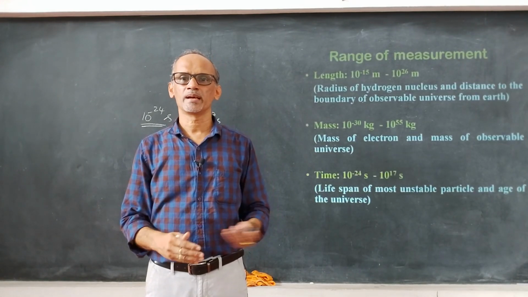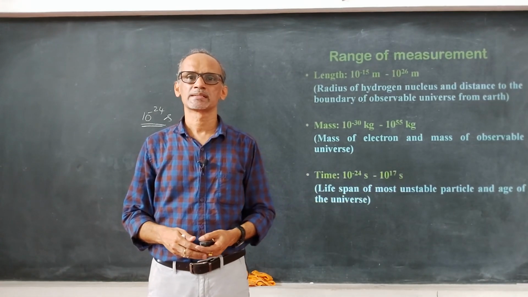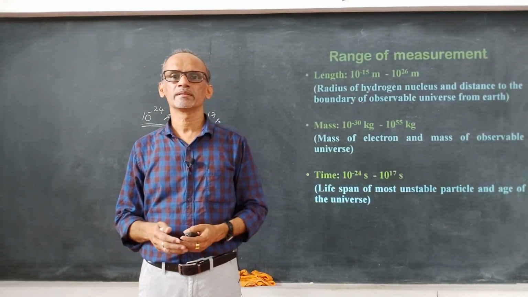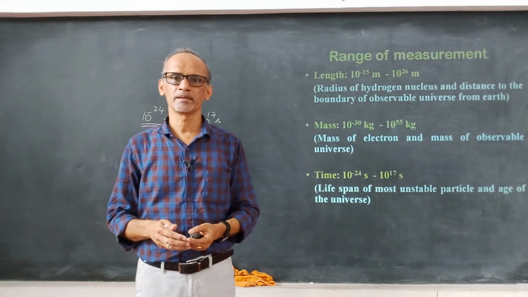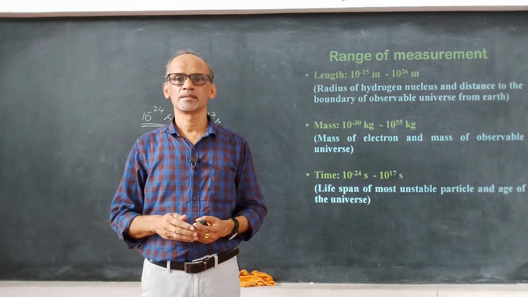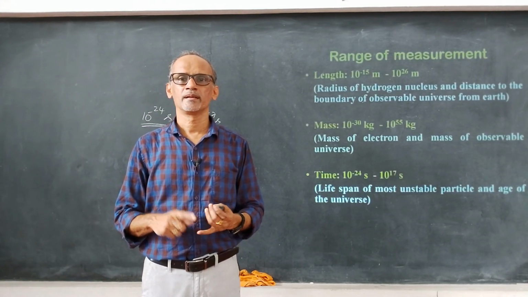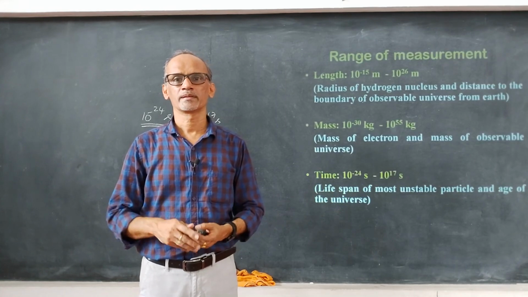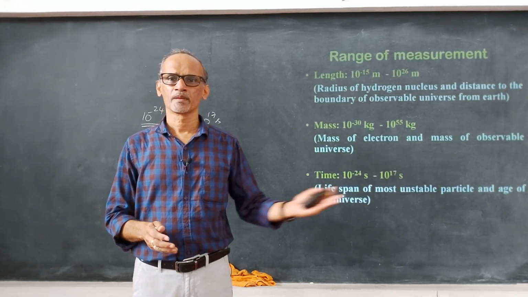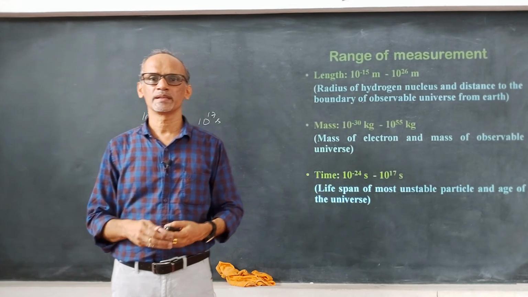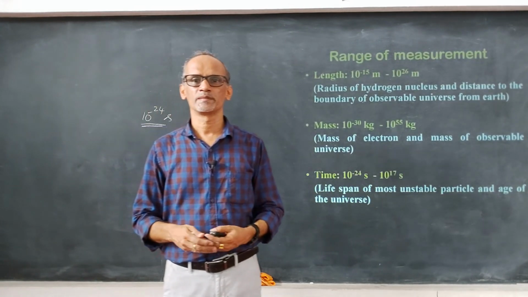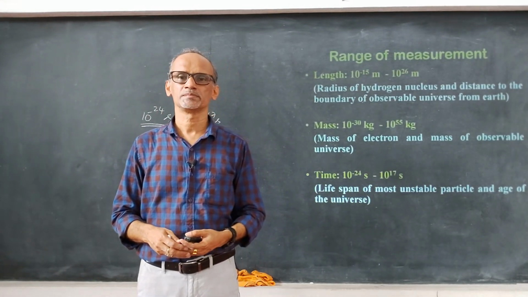So, these are the ranges of the measurements made by scientists for length, mass and time. They may ask in the exam the range of the mass, range of the length, range of the time. So, that is why you have to remember all these ranges.